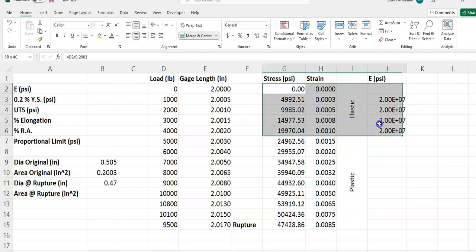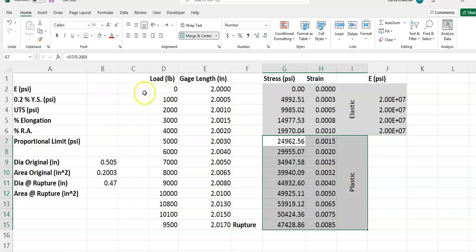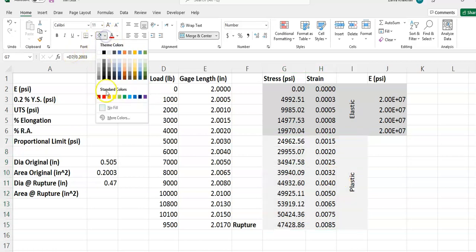Also, let's highlight this part for the elastic region, and this part which refers to the plastic region.